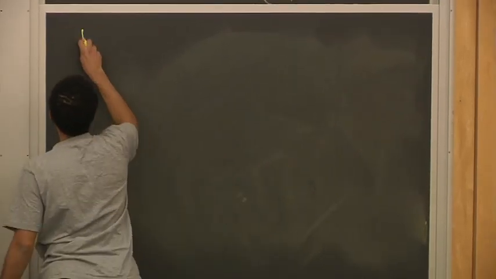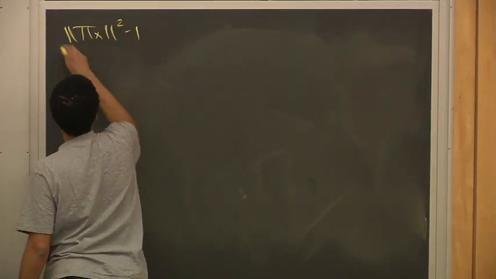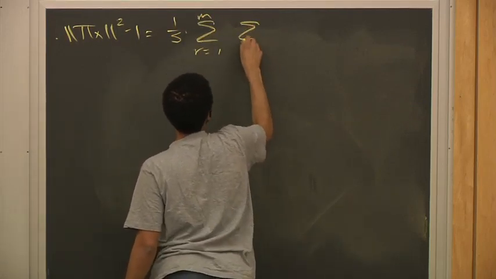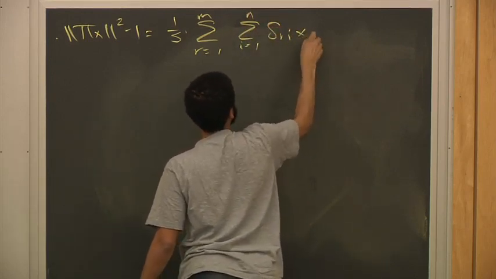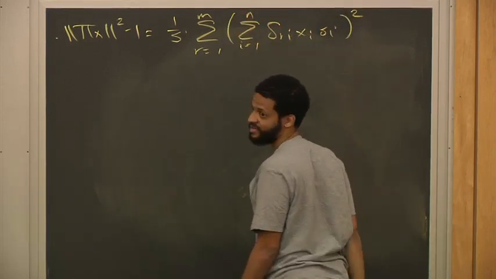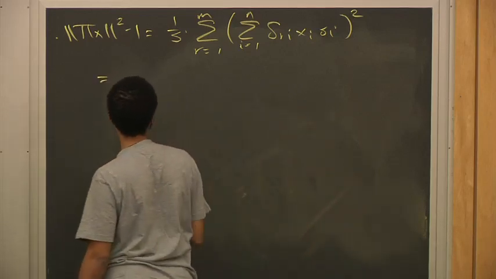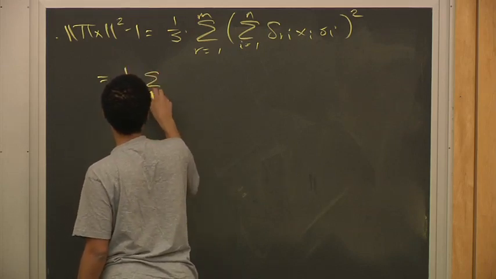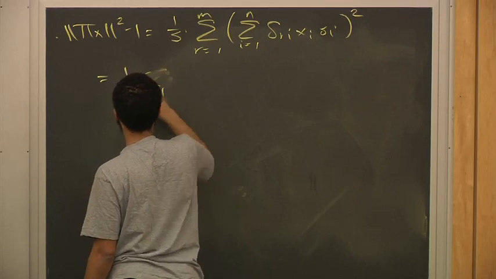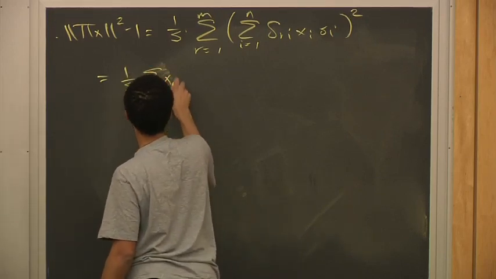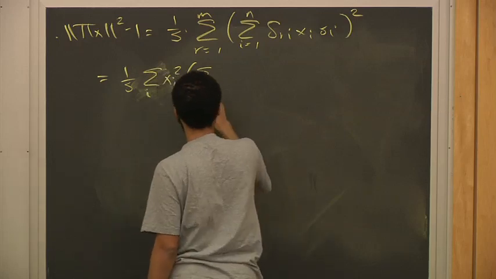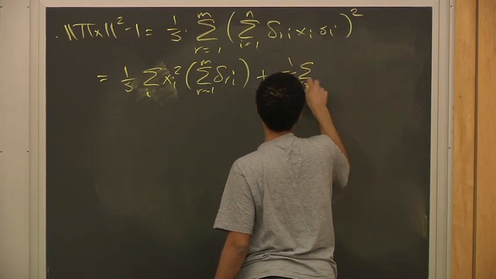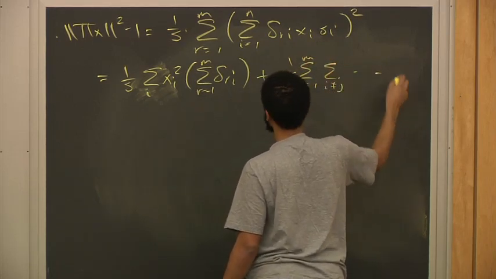If you just expand this thing out, the norm of Πx squared minus 1 is equal to 1 over s times the sum over r from 1 to m, sum over i from 1 to n, of δ_ri x_i σ_i, squared. If you do this out, it's 1 over s times the sum over i of x_i squared, times the sum over r from 1 to m of δ_ri, plus 1 over s times the sum over r, sum over i not equal to j, and then some other stuff.